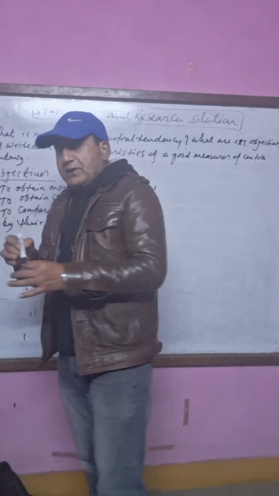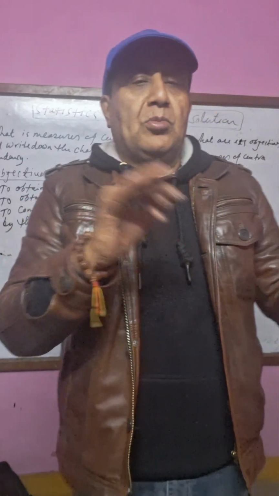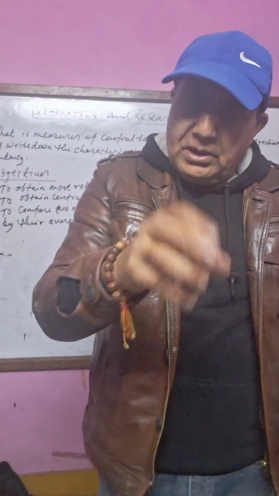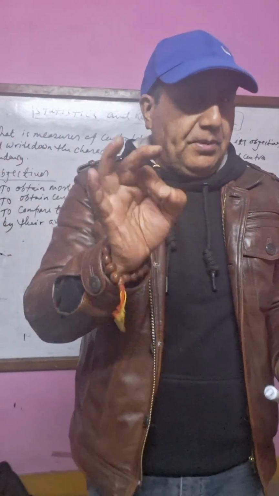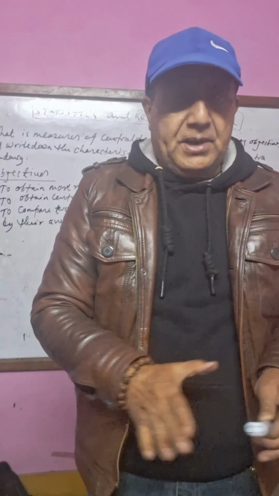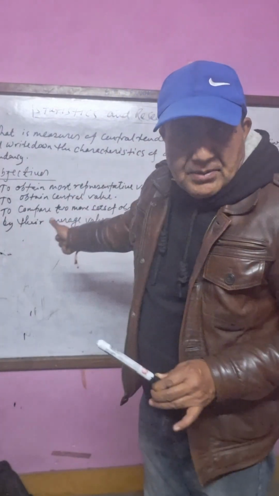Okay. On the basis of their average value, we can compare two or more sets of observations or two or more distributions. On the basis of average value, we compare. These are the three objectives we have.